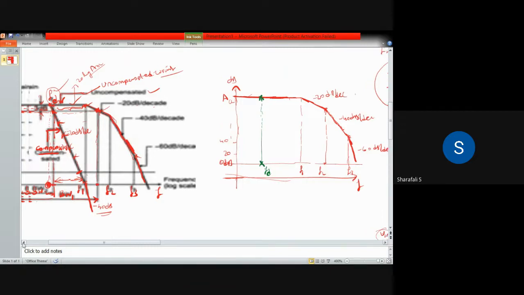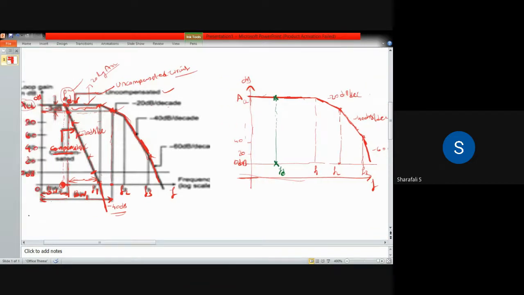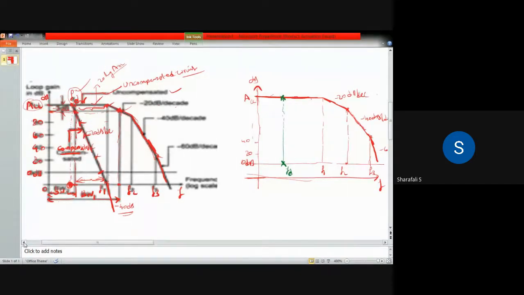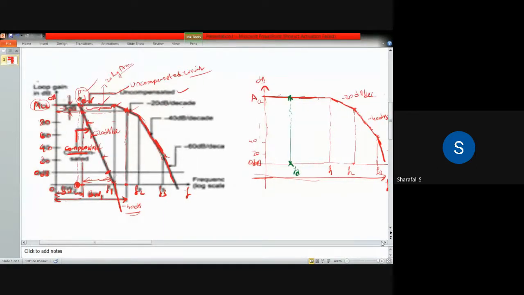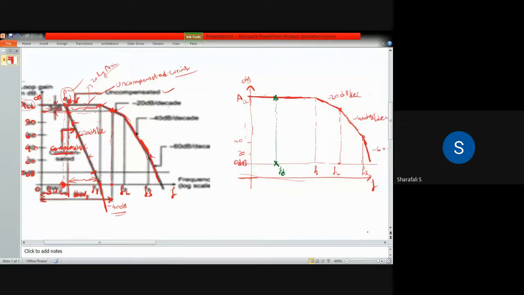As you can see, if you want, for example, this is not the exact figure that we have here. Anyway, no problem, we will take it like this.